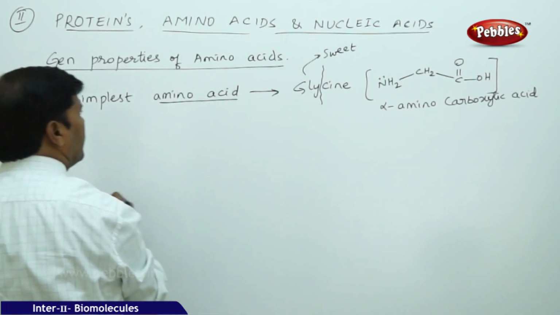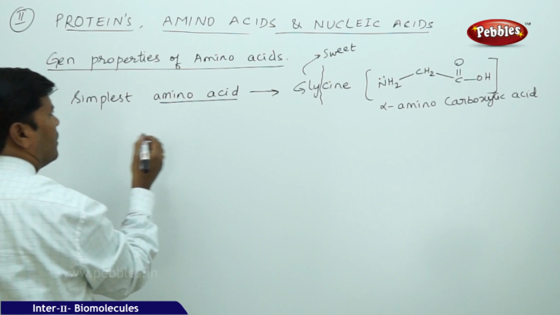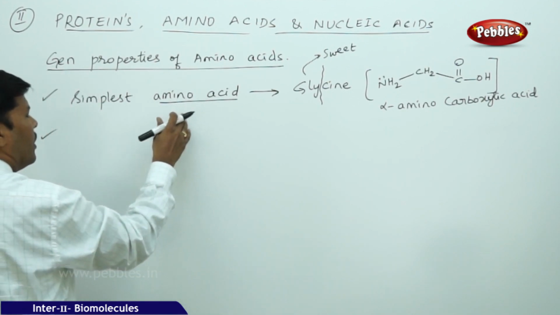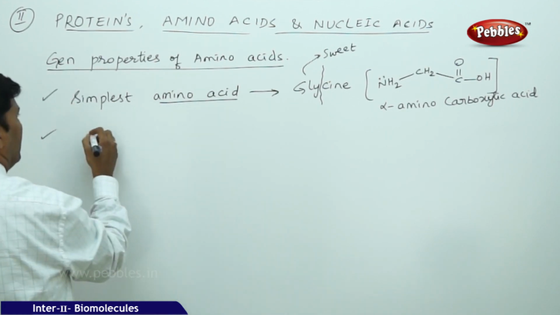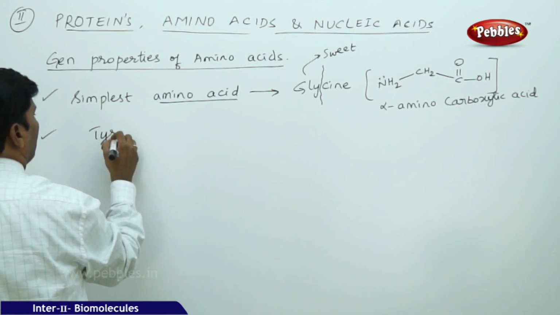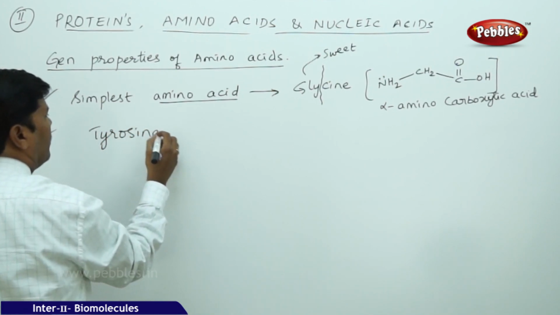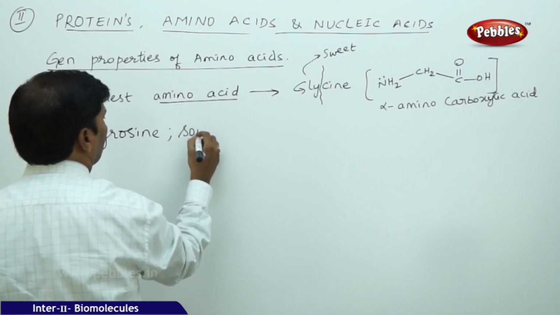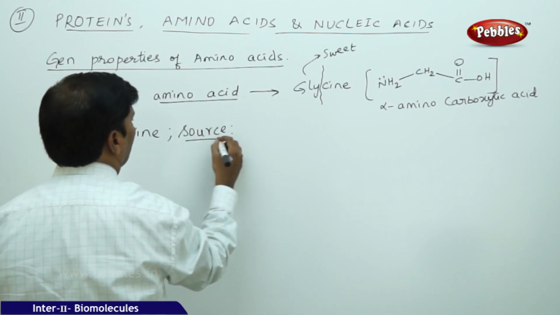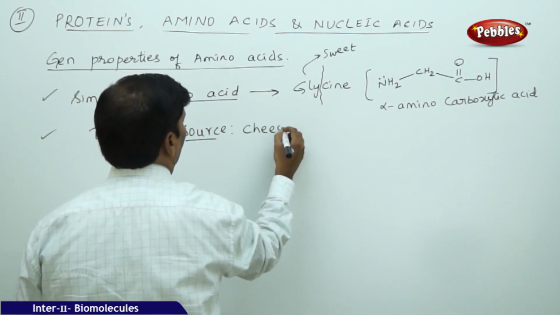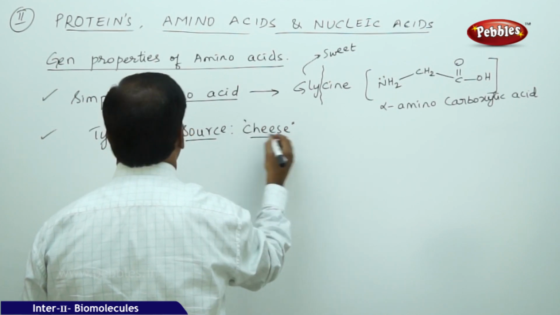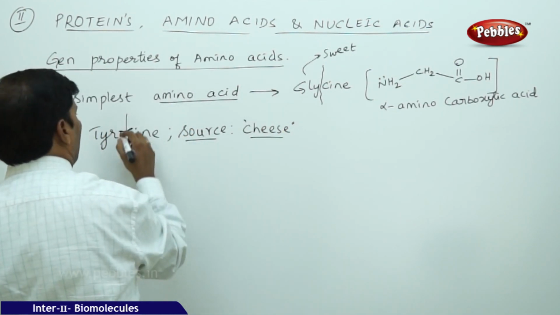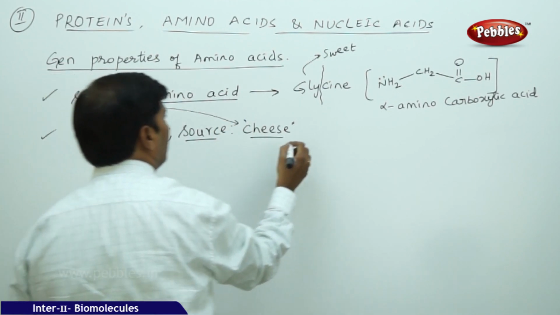Similarly, the amino acids are also named from their source. Tyrosine, for example, has a source, that is cheese. That's why the word tyro represents cheese.